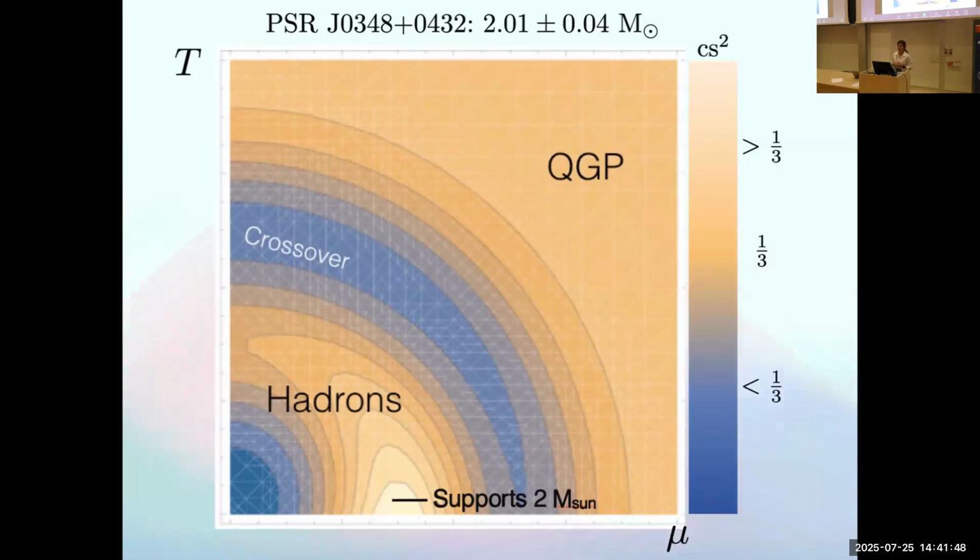We already have observations from two solar mass neutron stars, and that indicates that the speed of sound should be more than 1/3, which is shown here. This indicates that there should be some non-monotonous behavior of the speed of sound, and that indicates a QCD phase transition. Which order, we don't know.